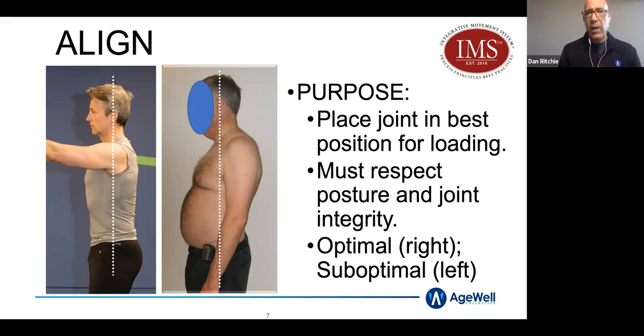I love the side-by-side comparison, and it's not to say anything bad about the gentleman to the right, but just one gentleman has focused upon his alignment, his breathing, his control, and one of these individuals has not, and it's very easy to see who has not, and why, I should say, why keeping up with your alignment, breathing, and control is so essential to posture and movement and longevity.